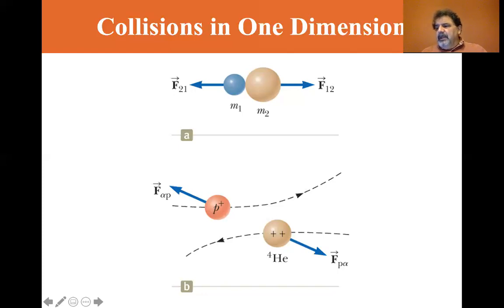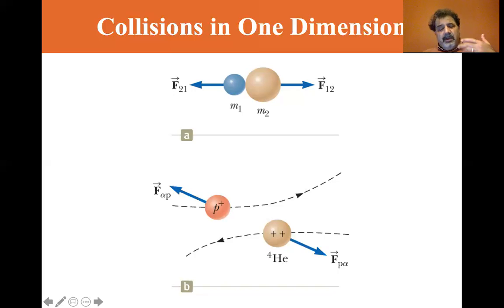In a perfectly inelastic collision, the items stick together. In an inelastic collision, the kinetic energy is not the same, the momentum is the same, but they don't necessarily stick together. So we have elastic, where kinetic energy and momentum are conserved.